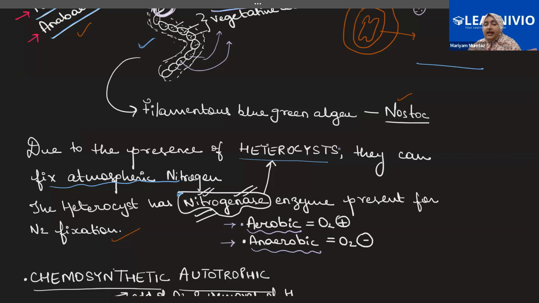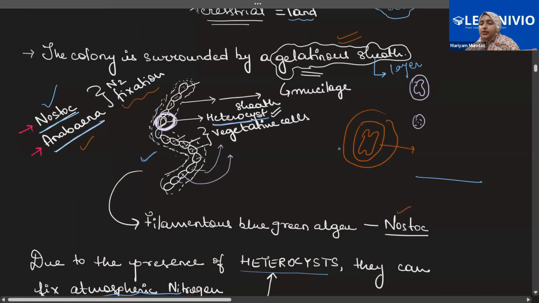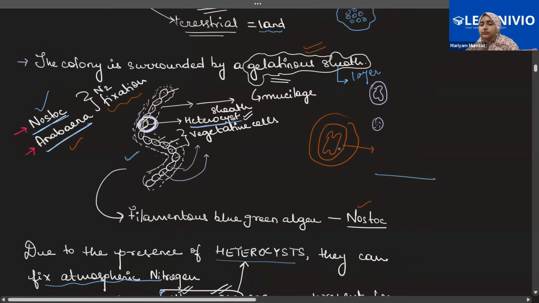The heterocysts have an enzyme known as nitrogenase that helps in the process of nitrogen fixation. Is this much clear to you, students? Yes, ma'am. Any doubts?